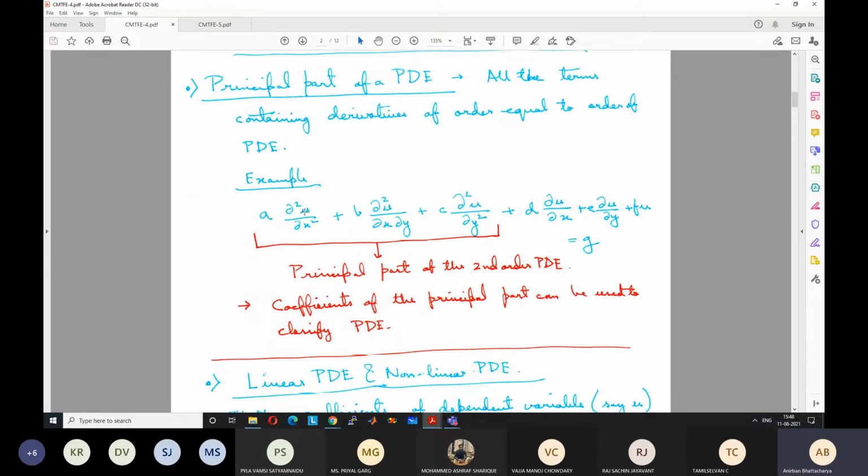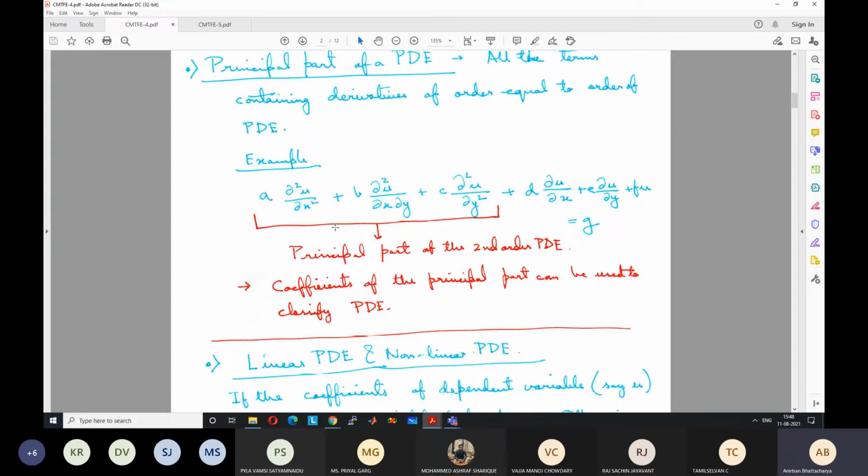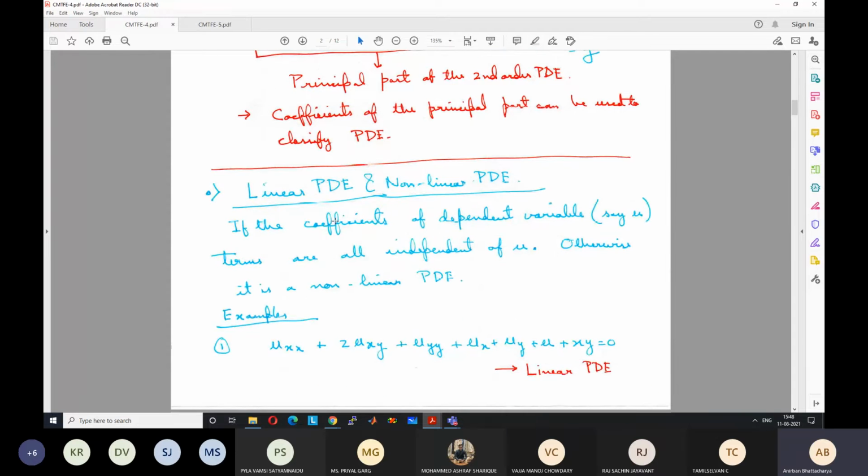U is a function of x and y, which are the independent variables, and we are writing the derivatives of the dependent variable u in terms of the independent variables x and y. If the coefficients are all independent of the dependent variable itself, whether it is u or phi or t, then it is a linear PD.